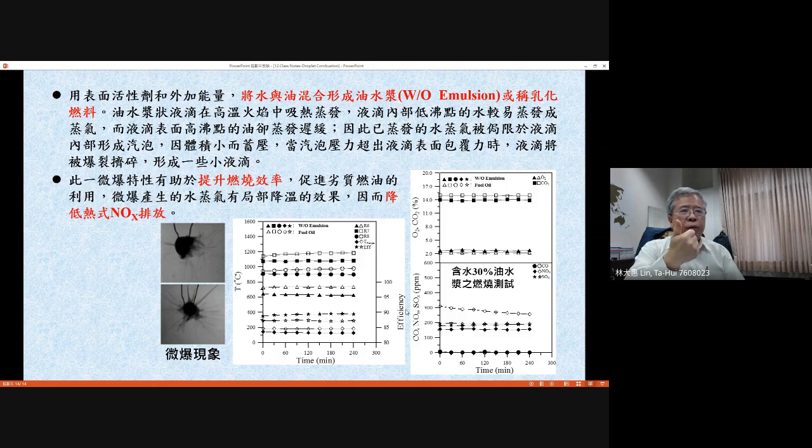The first one, you will increase the combustion efficiency. The second, you will reduce the NOx emission. The increase in thermal efficiency is basically caused by the micro explosion, which produces tiny droplets to improve the mixing and also improve the combustion efficiency.